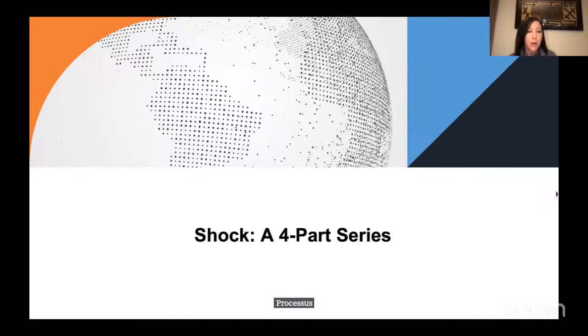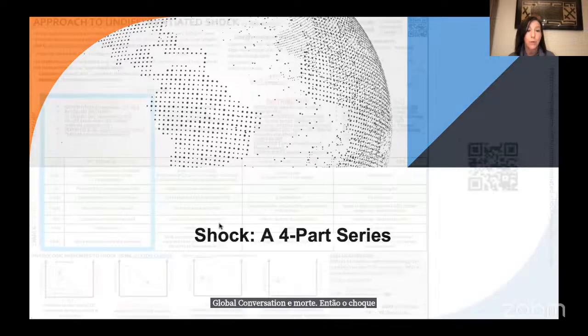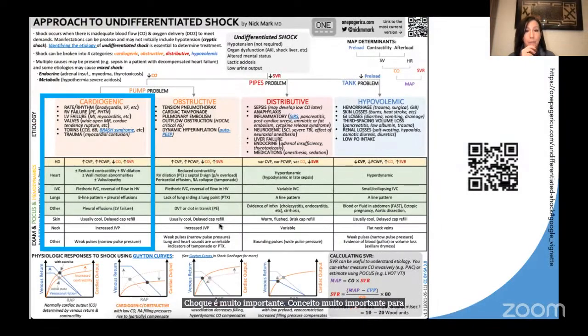Because inadequate oxygen delivery is the most common cause of shock, we will be discussing these mechanisms of shock in this series. So shock is initially a reversible condition. However, if it is not treated early and recognized early, it can become life-threatening, leading to multiple organ failure and death. So shock is a very important concept for all of us to understand as we take care of our patients.